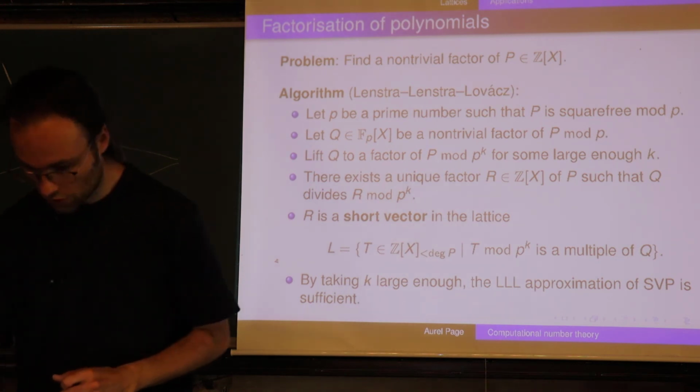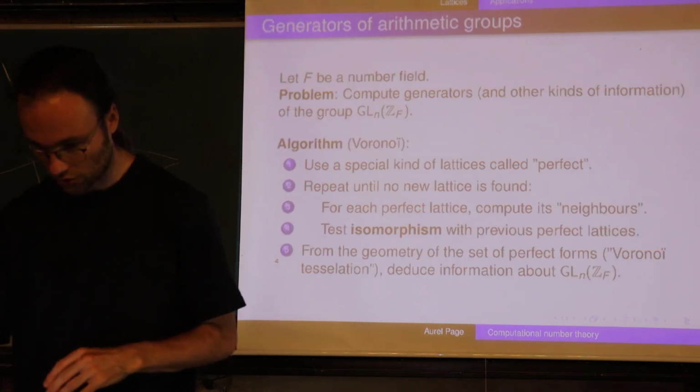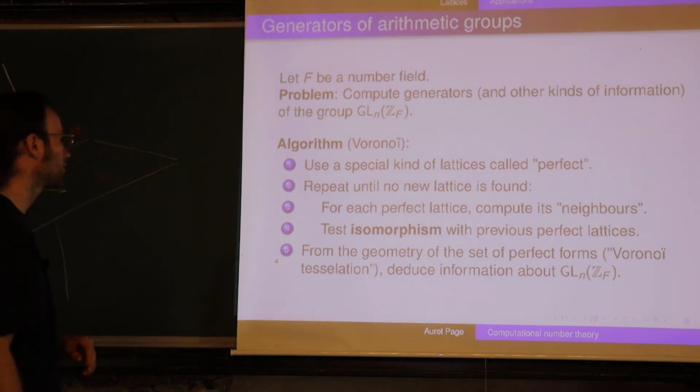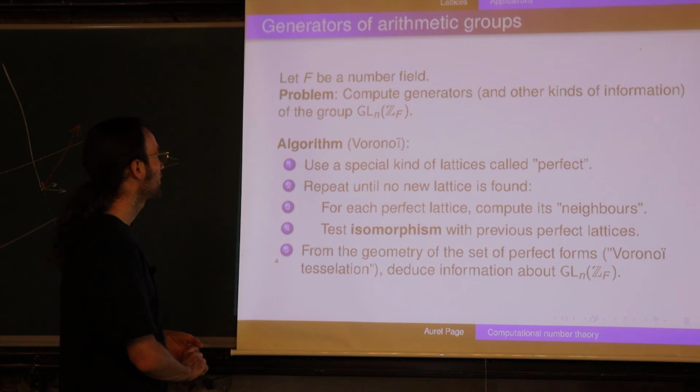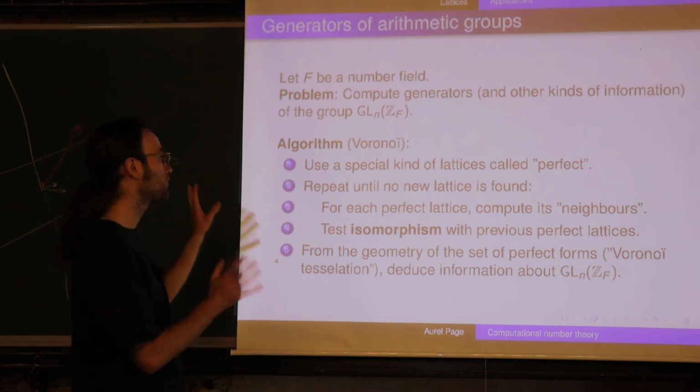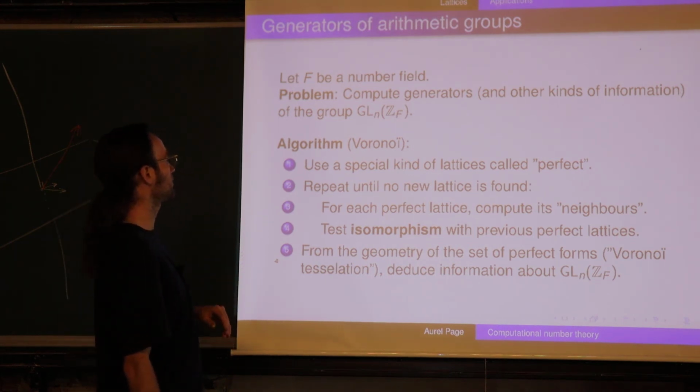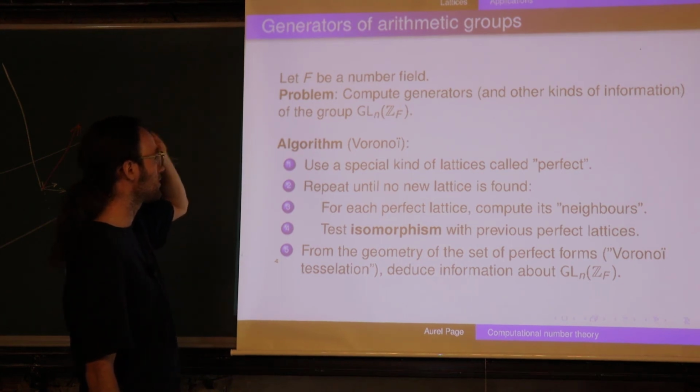Okay, and I will finish with a sketch of an application of isomorphism testing of lattices. So I won't give the details because it's a complicated thing, but I want just to mention it because it's interesting.